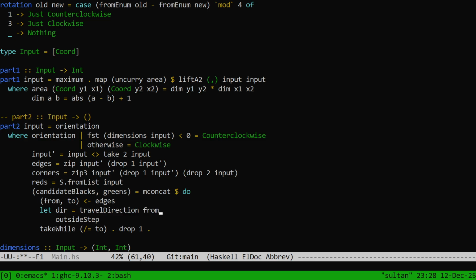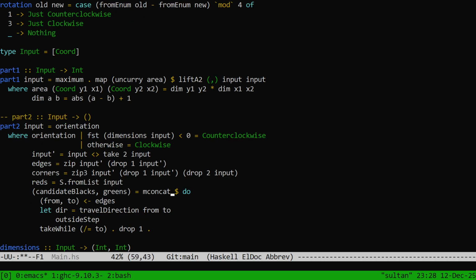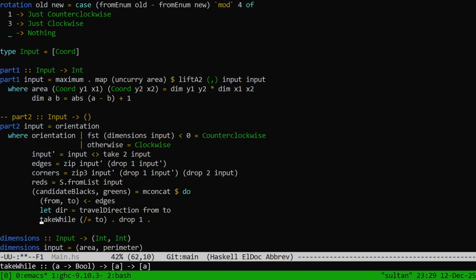This was never like this, right? Yeah. So I'm going to be producing a list of pairs. Things that could be black and things that definitely are green. And I'm calling mconcat on a list of pairs. Yeah, that'll all work out fine.